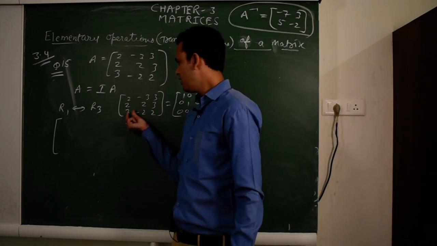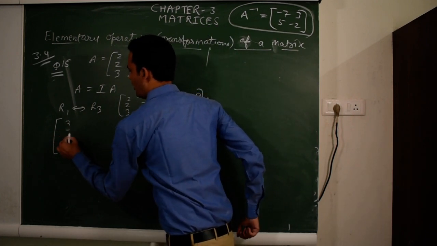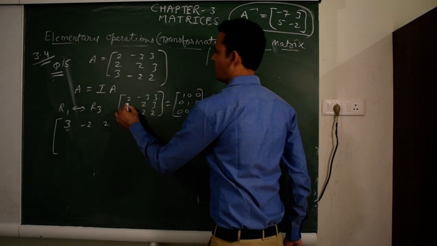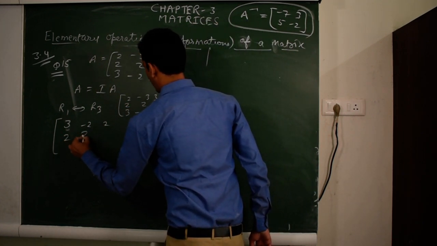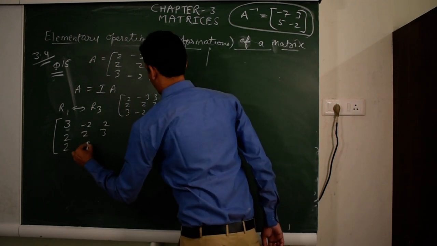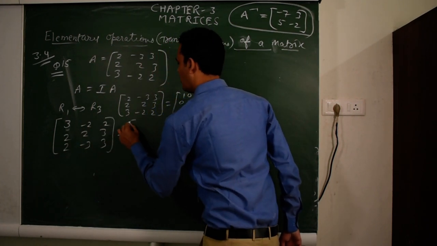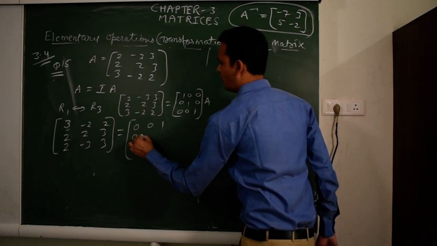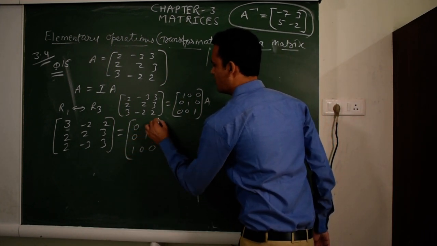Now R3 changes to R1. So 3 minus 2 2, then second row as it is, 2 2 3, and first row becomes the third row, so 2 minus 3 3. Same operations here: 0 0 1, 0 1 0 and 1 0 0.